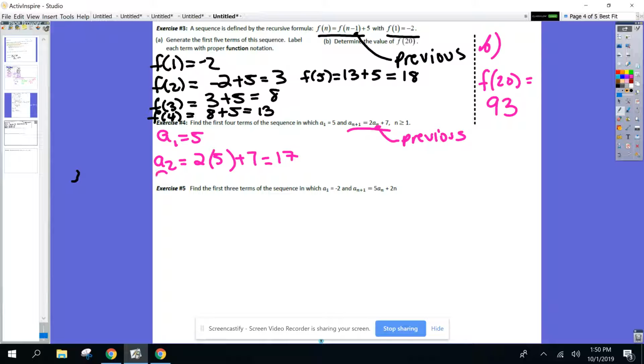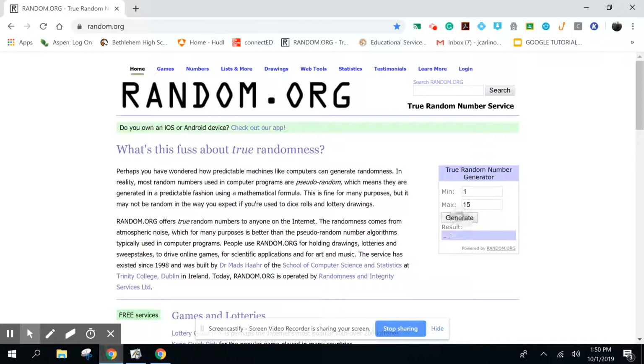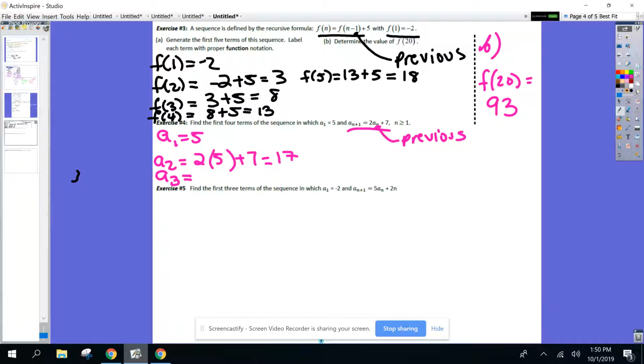How do I find the third term now? Explain to me. How do I find the third term? What numbers am I using? Perfect. Now the previous term becomes 17, and I'm still adding 7.